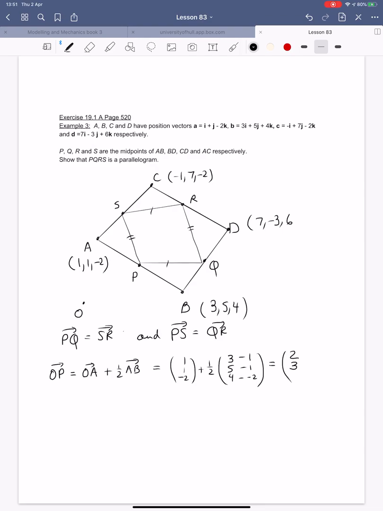And then minus 2 plus a half of 6 is 1. So that's O to P.